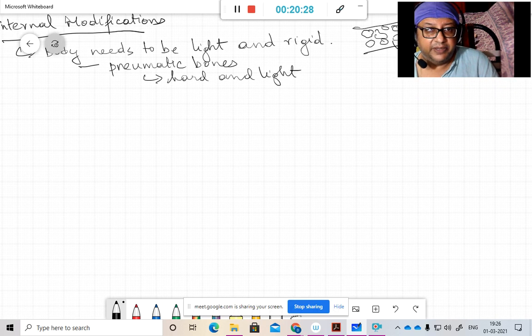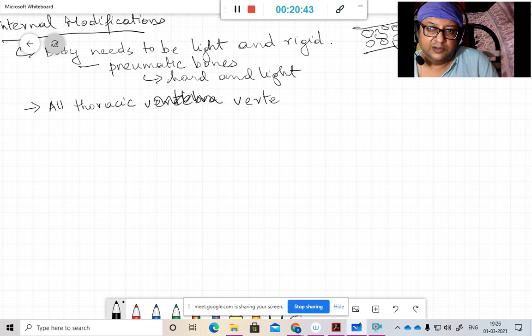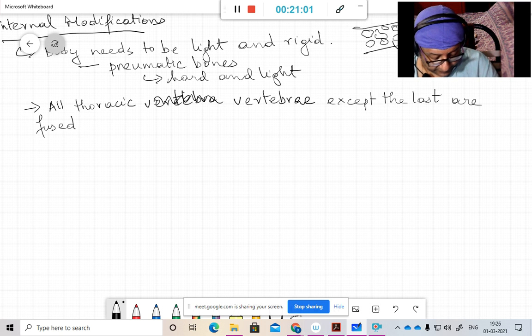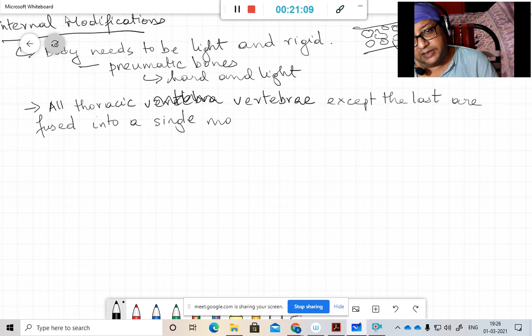All thoracic vertebrae, except the last, are fused into a single mass.